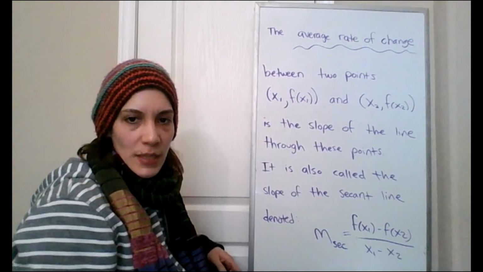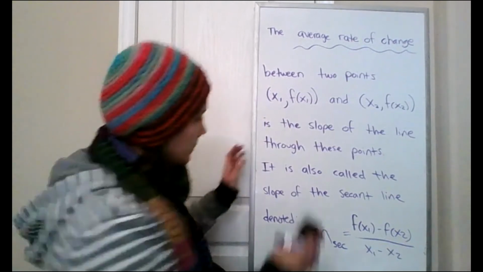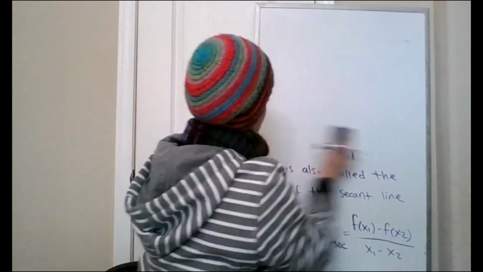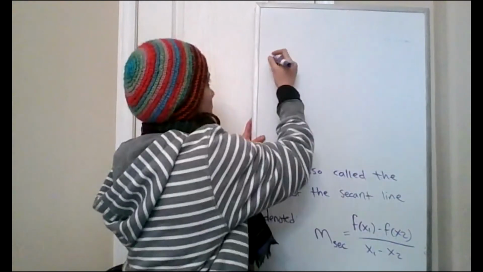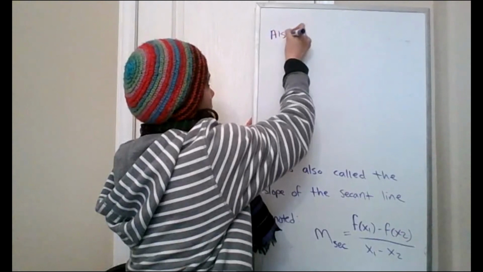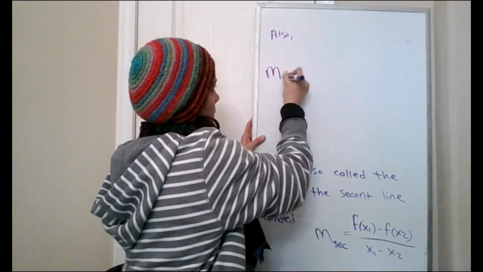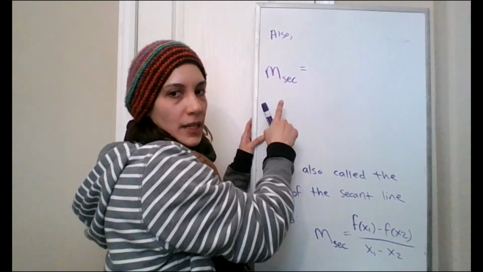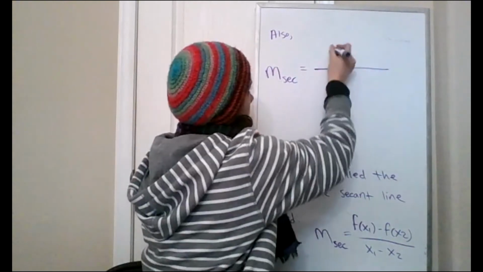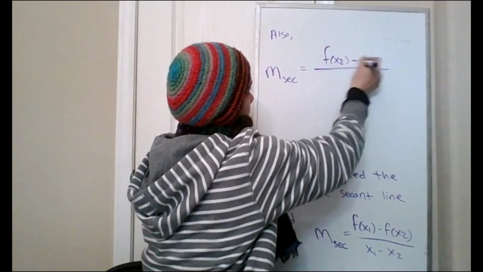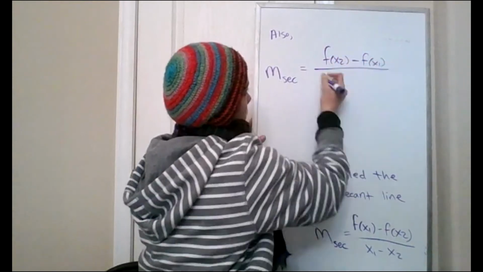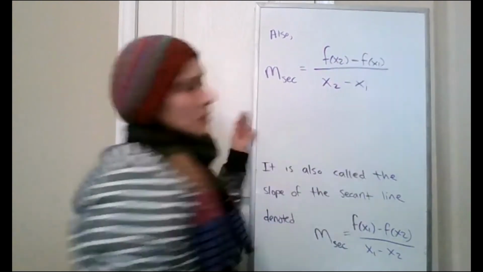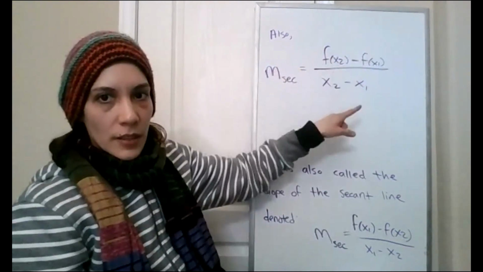Which means you could also write the slope of the secant line as f(x2) minus f(x1), just make sure it's over x2 minus x1, so that the subscripts match when you do your slope.